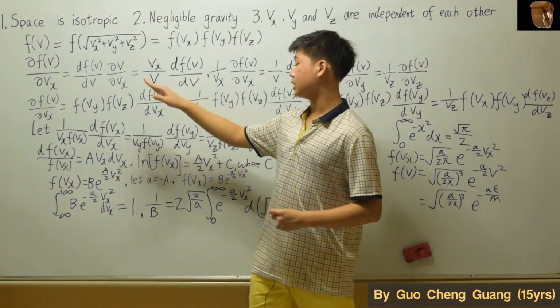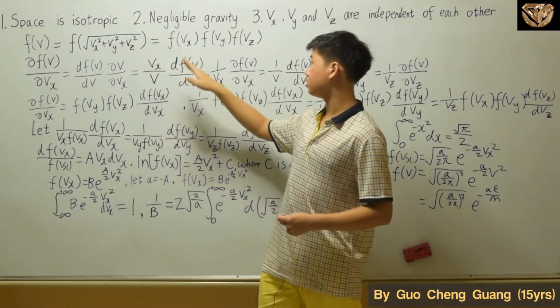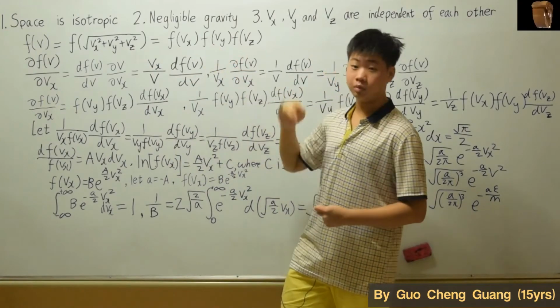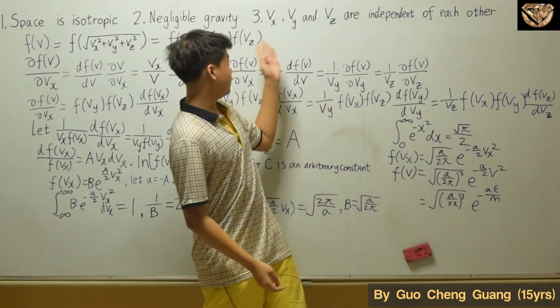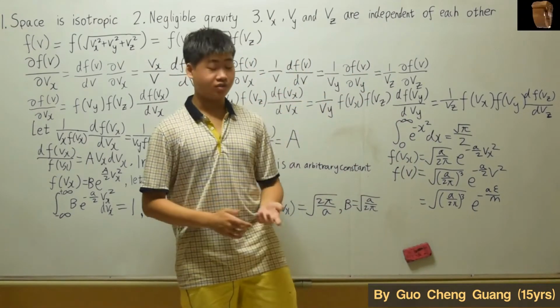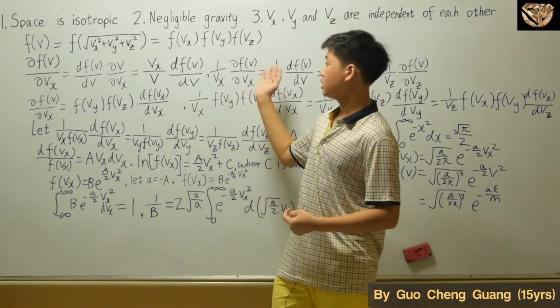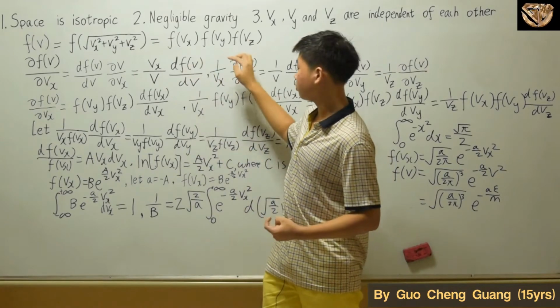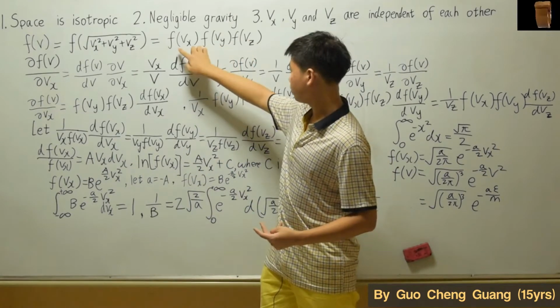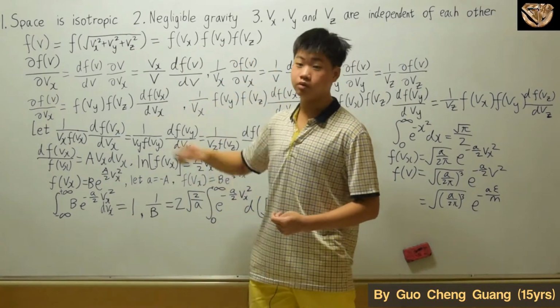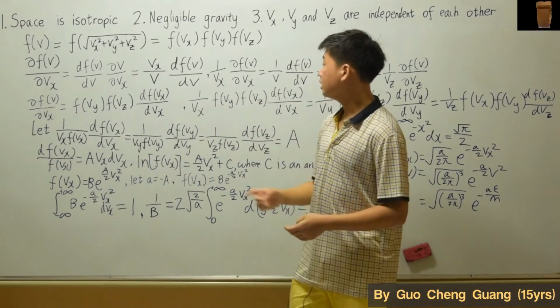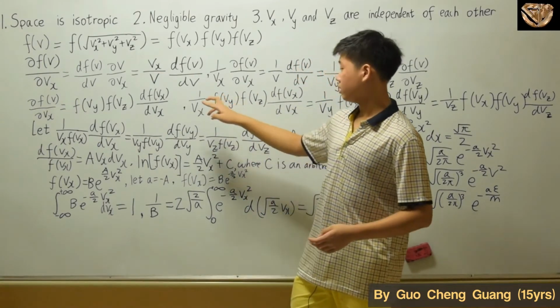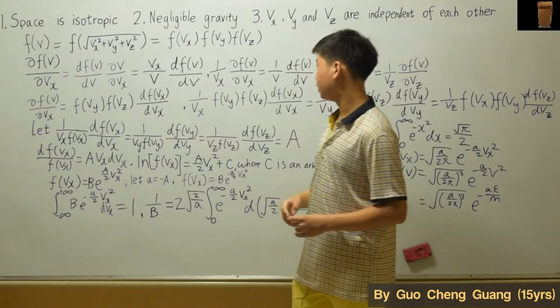This probability density function you can split into three different components, as Vx, Vy, and Vz are independent of each other. So then you can factorize, and using two separate ways, one using the partial derivative and the other using total differentiation, you find out what each are.